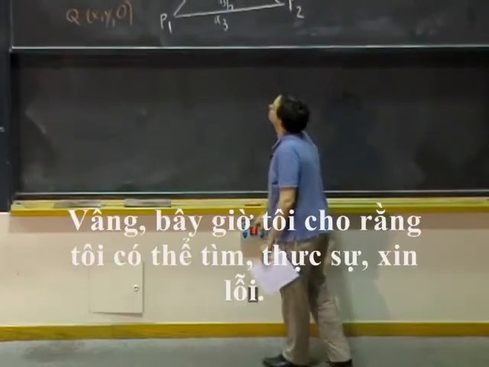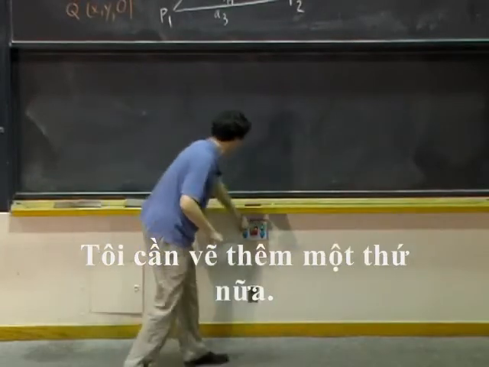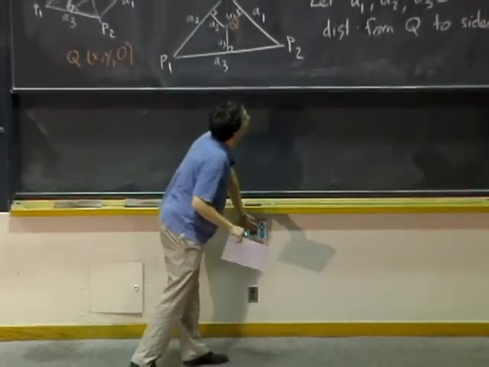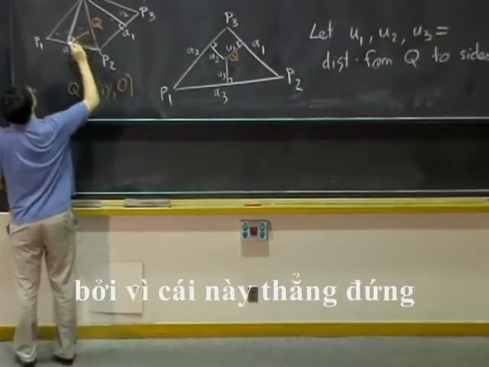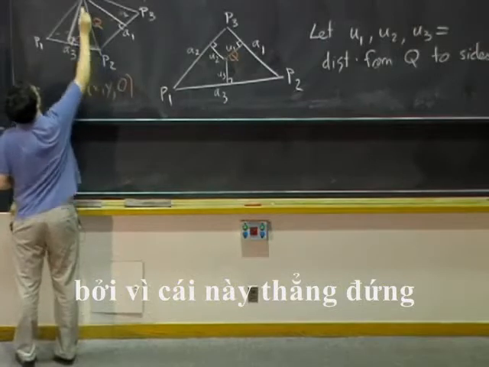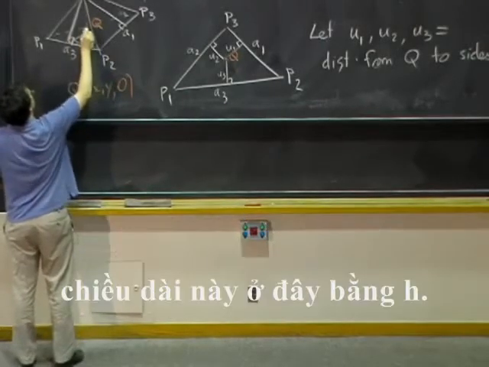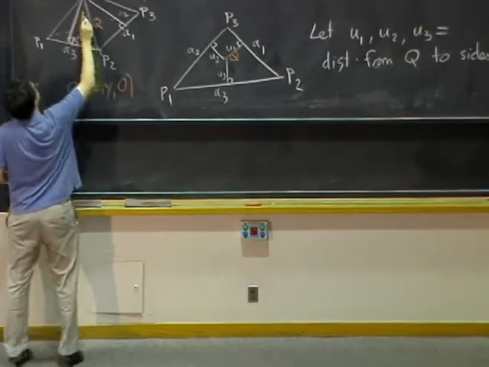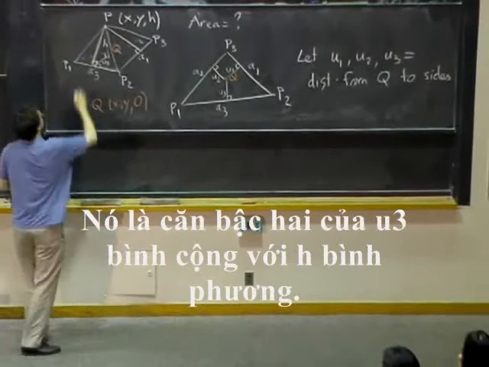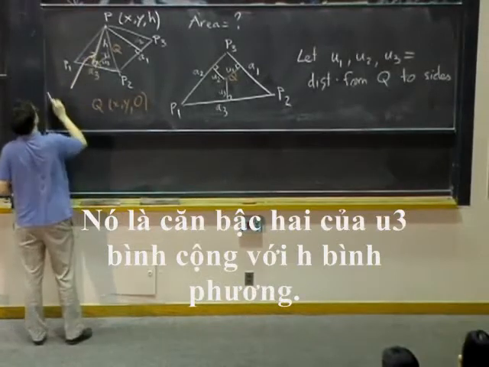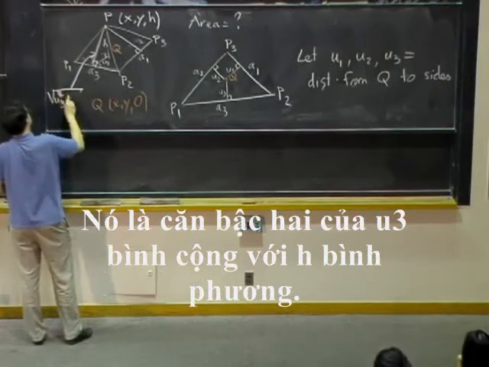Now I claim I can find, actually, sorry, I need to draw one more thing. I claim I have a nice formula for the area because this side here is vertical and that's horizontal. So this length here is U3, this length here is H. So what's this length here? Yeah, it's the square root of U3 squared plus H squared.